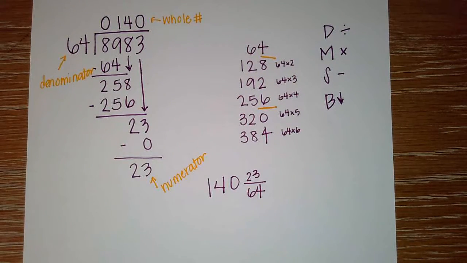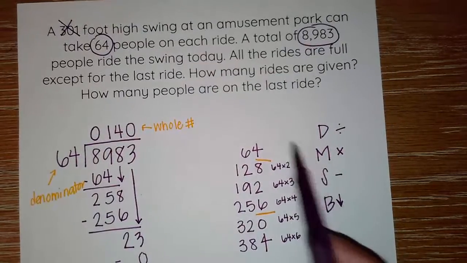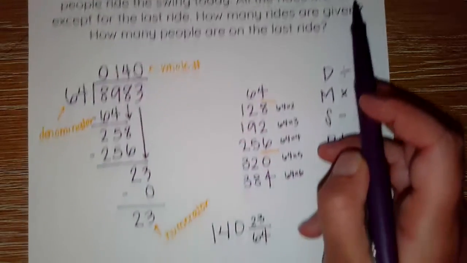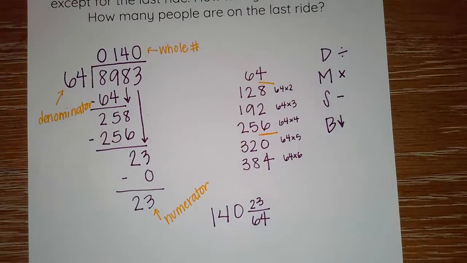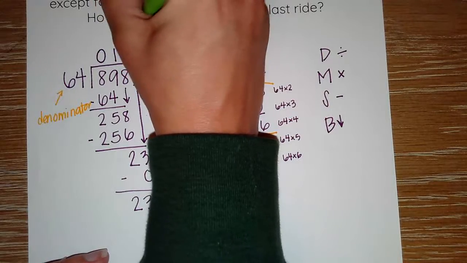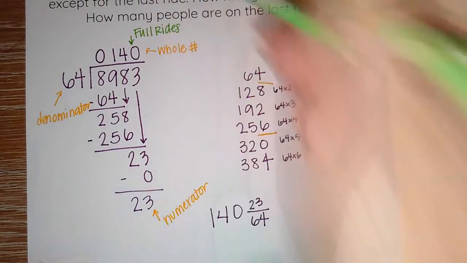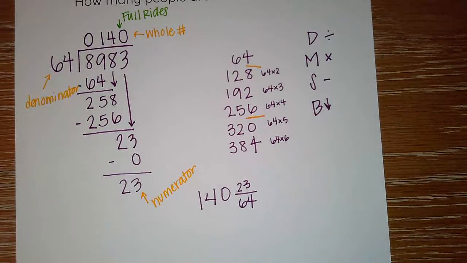Now, we want to go ahead and take a look at what the question is asking us. Here it's asking us how many rides are given. Well, if I look here, I know that this is the number of full rides. But this answer is telling me that I have a part of a ride, and that's not true, right? I got one more ride in. It just wasn't full of people, okay?